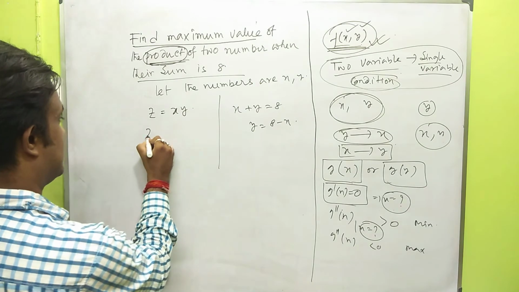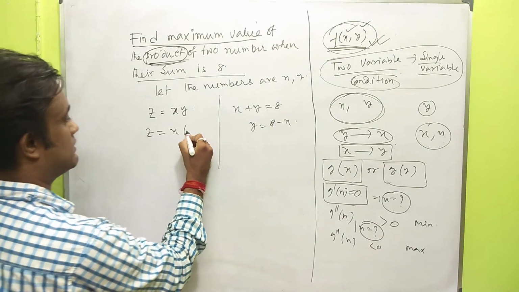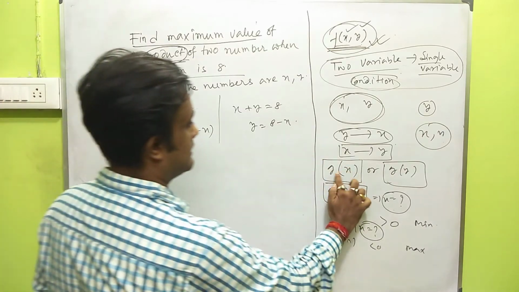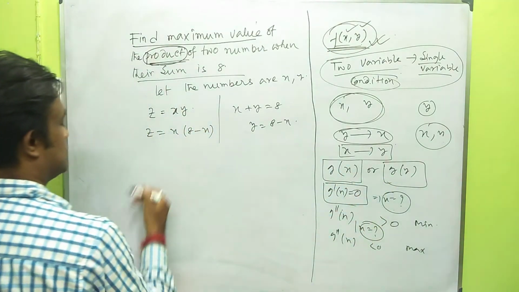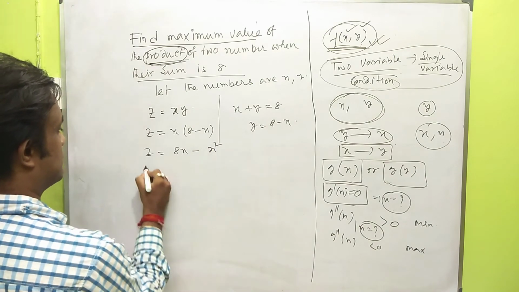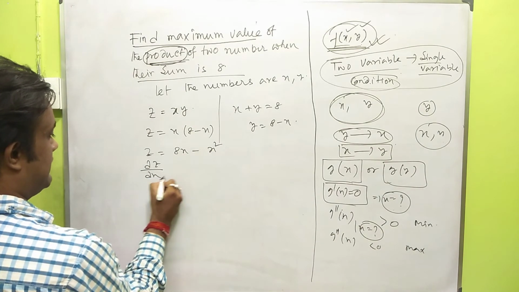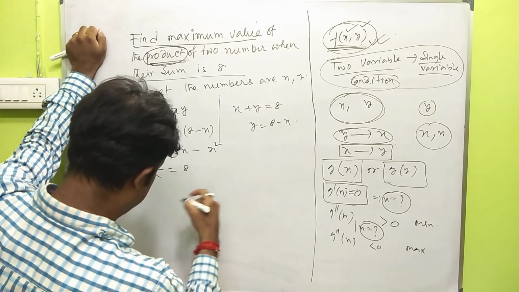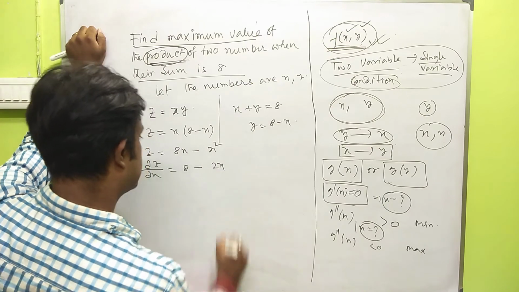So this function is now converted to a single variable, like g of x. So it is very clear that z is equal to 8x minus x square. Then dz by dx is equal to 8 minus 2x.